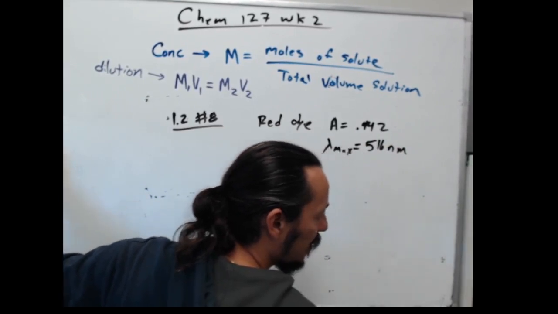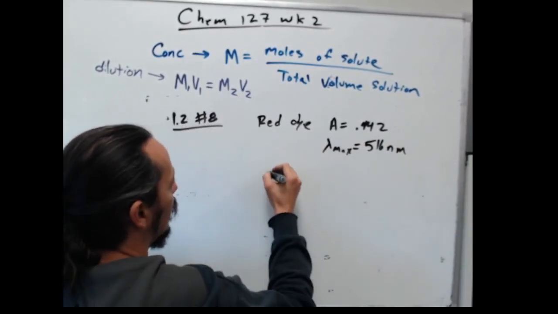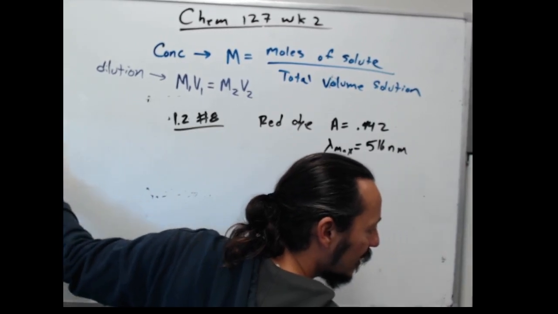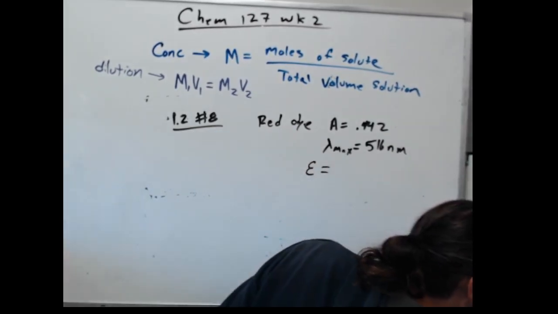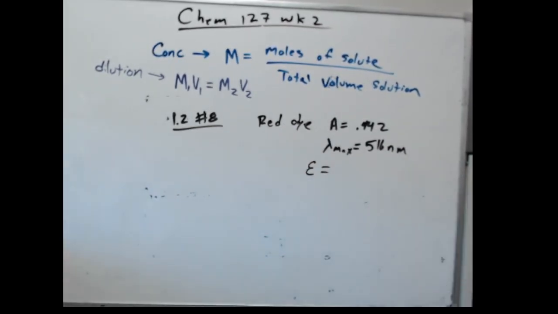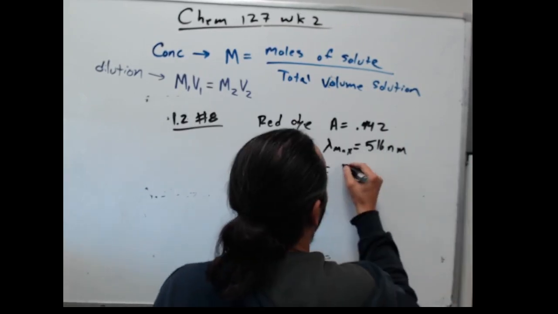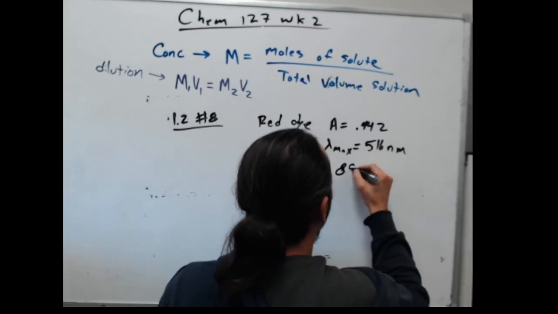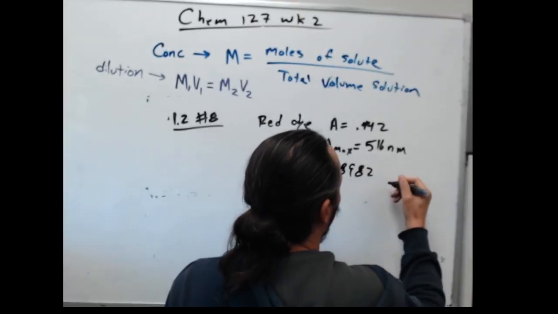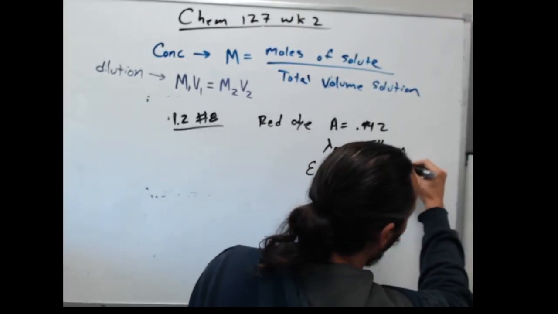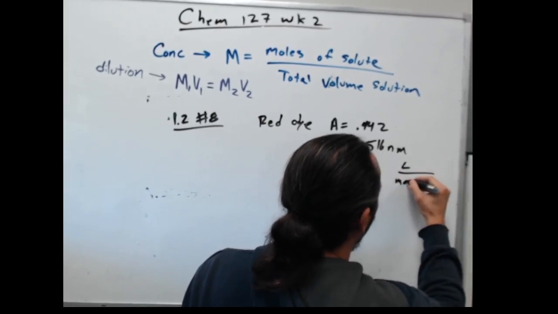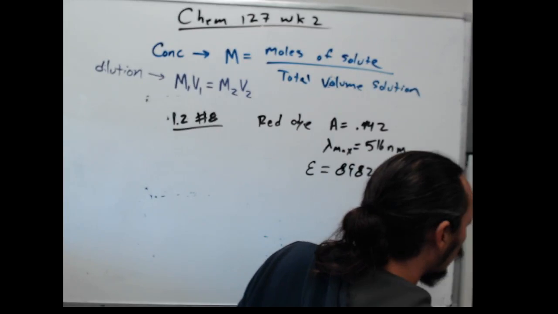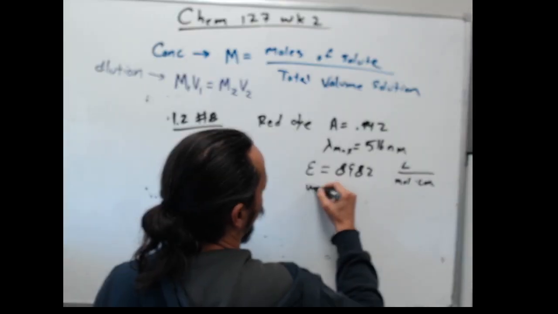If the molar absorptivity at 516, epsilon at 516, is 8,982, and this has the units of liters per mole centimeter, what's the concentration?